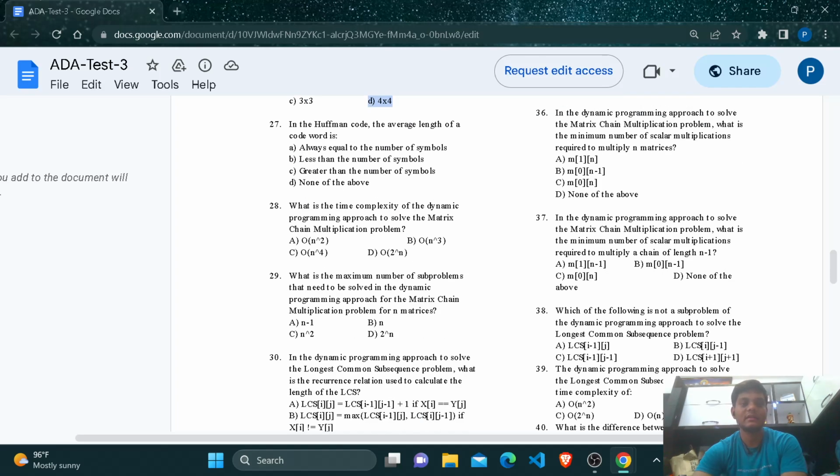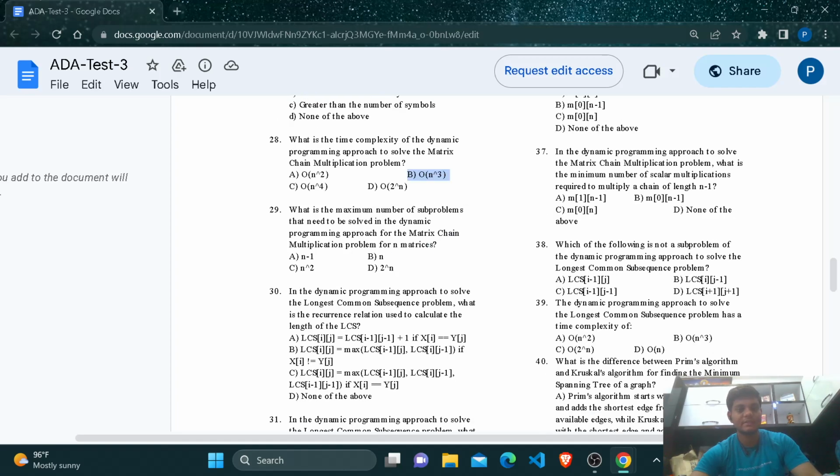Next question, in the Huffman code, the average length of a code word is, so yeah, less than the number of symbols. Next question, what is the time complexity of dynamic programming approach to solve the matrix chain multiplication problem? So yeah, its answer is n cube.